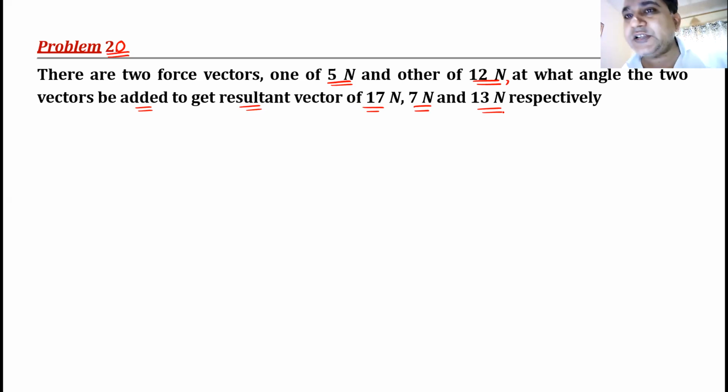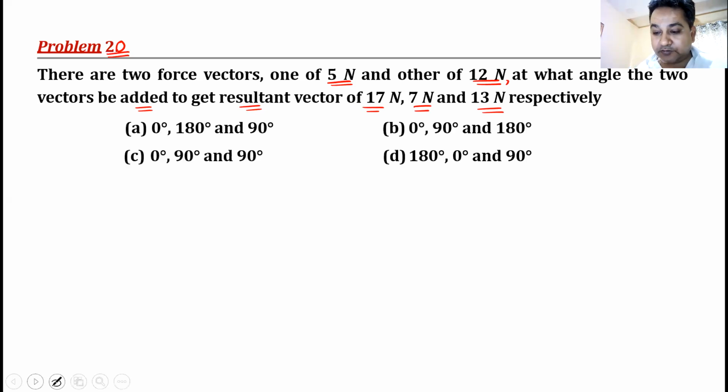You are given 4 options. How will you make them 17 Newtons, 7 Newtons, and 13 Newtons? The options are there in front of you.